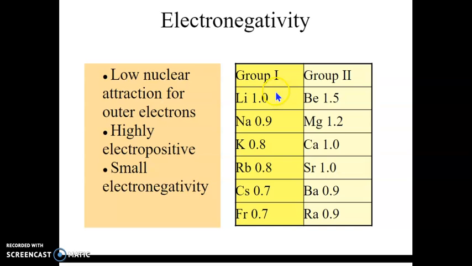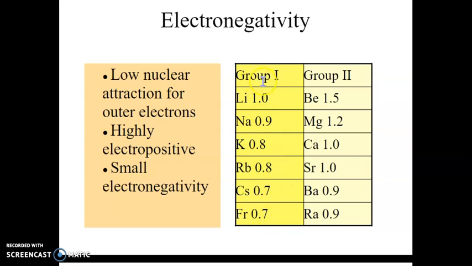That is, as we move from top to bottom, the electronegativity value goes on decreasing, as the electropositivity or metallic character goes on increasing.